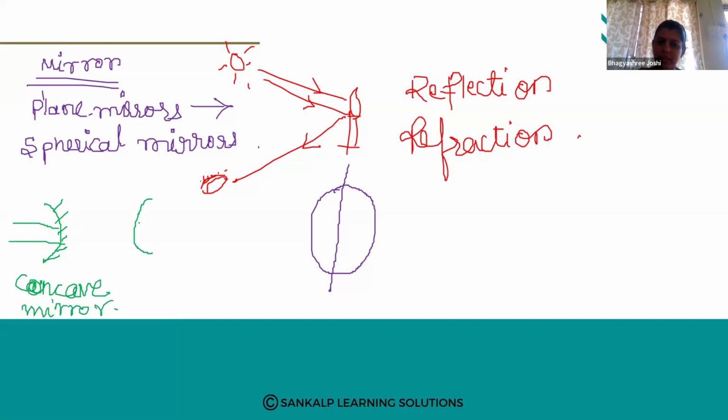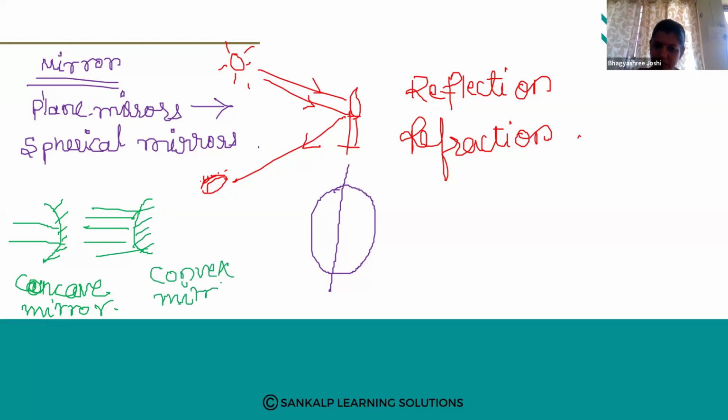Now the other mirror. This is the inward part and this is the outward part. When the outward part is meant for the reflection and the other surface is coated, such mirrors are called convex mirrors.